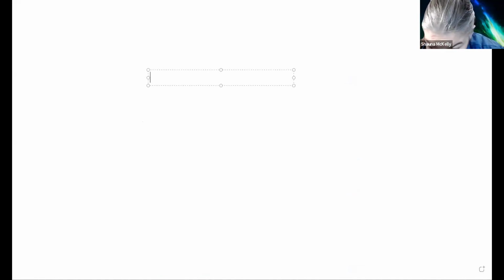P equals 1 minus 1 over, and I'm going to put K squared underneath here so it's a little easier to read.